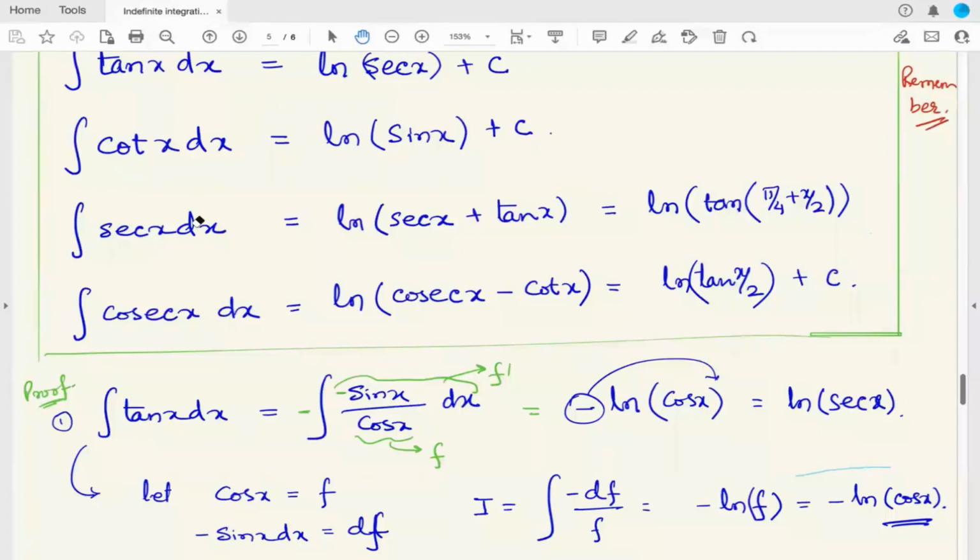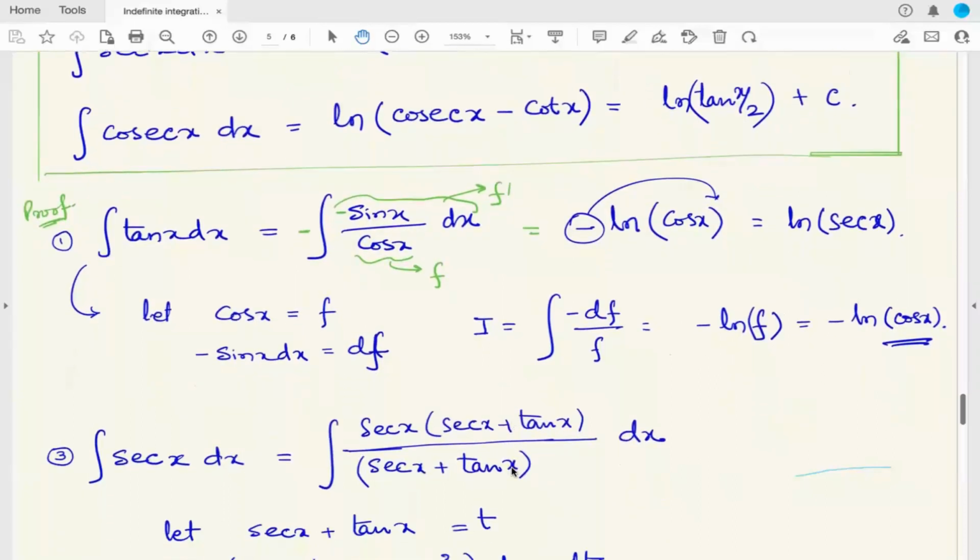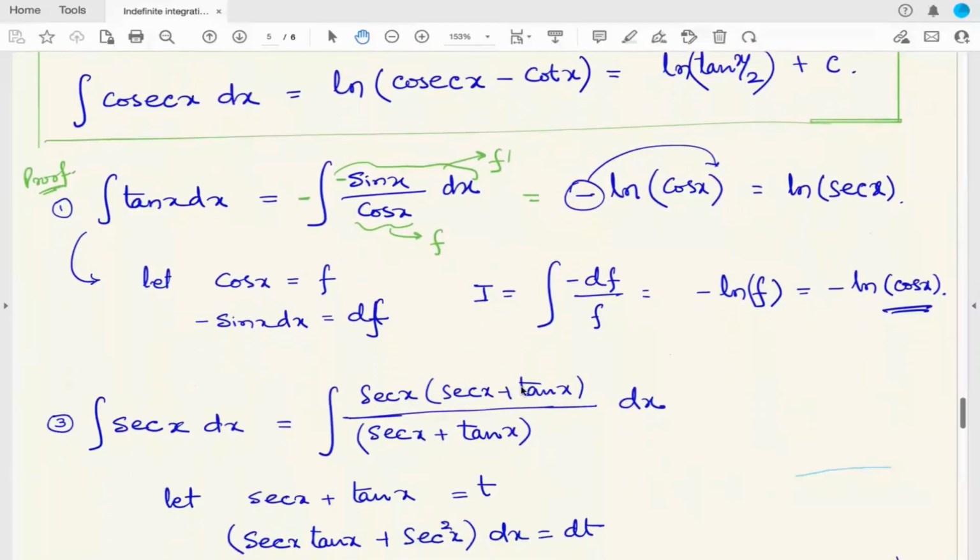Integration of sec x dx is ln of sec x plus tan x. So how to prove it? First we write sec x, multiply it by sec x plus tan x and divide it by sec x plus tan x. Now substitute sec x plus tan x as t.